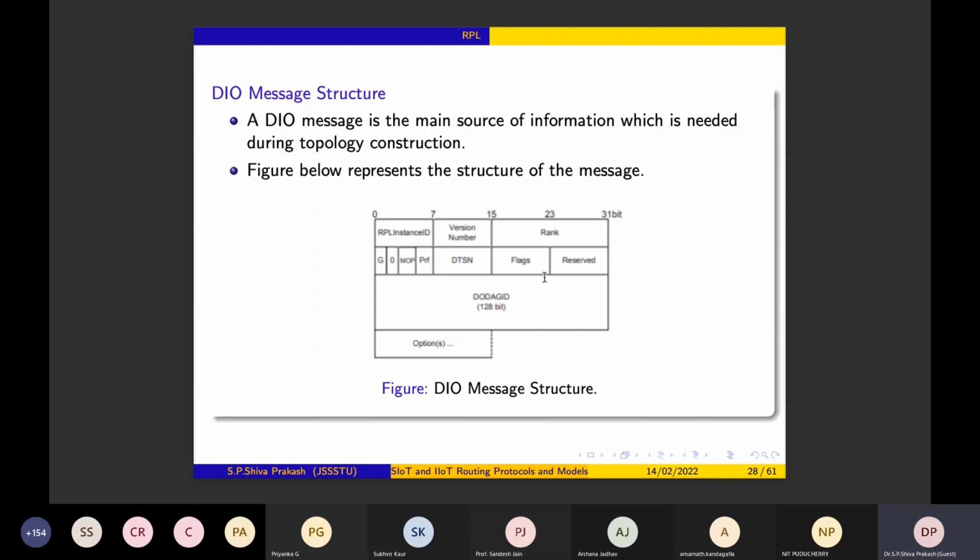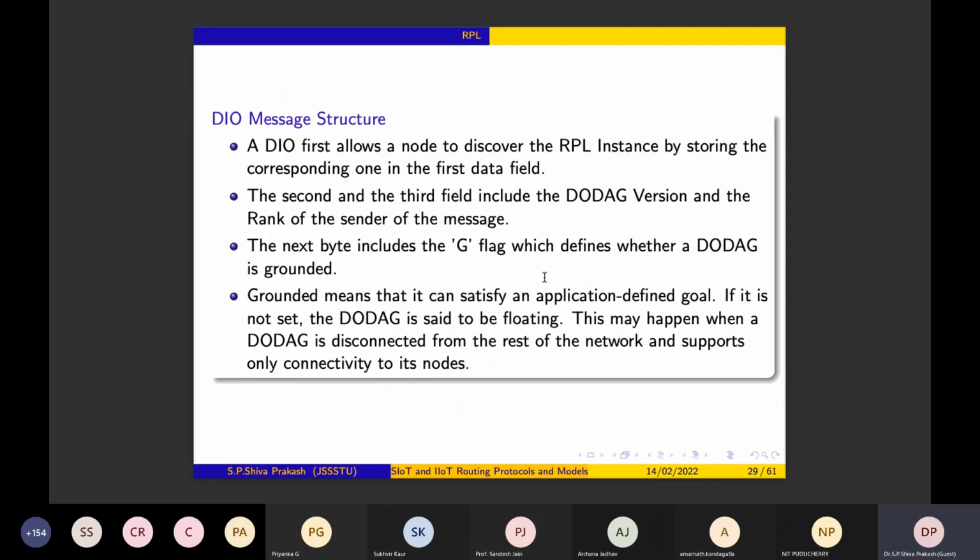It is 32 bits: the first 8 bits are reserved for the RPL instance ID, the next 8 for the version number, and the remaining for the rank, which also uses the flags as well as reserved bits. The optional DODAG ID is 128 bits.